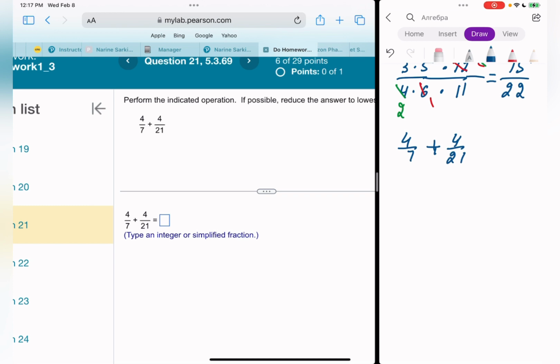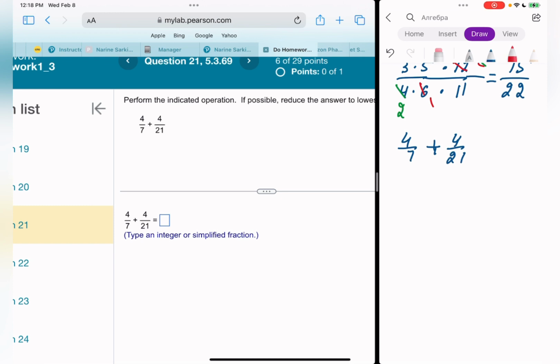To bring to a common denominator, we are going to use the greatest common factor and least common multiple. For 7 and 21, the common denominator is going to be 21, right? Because 21 I can divide by 21 and 21 I can divide by 7.